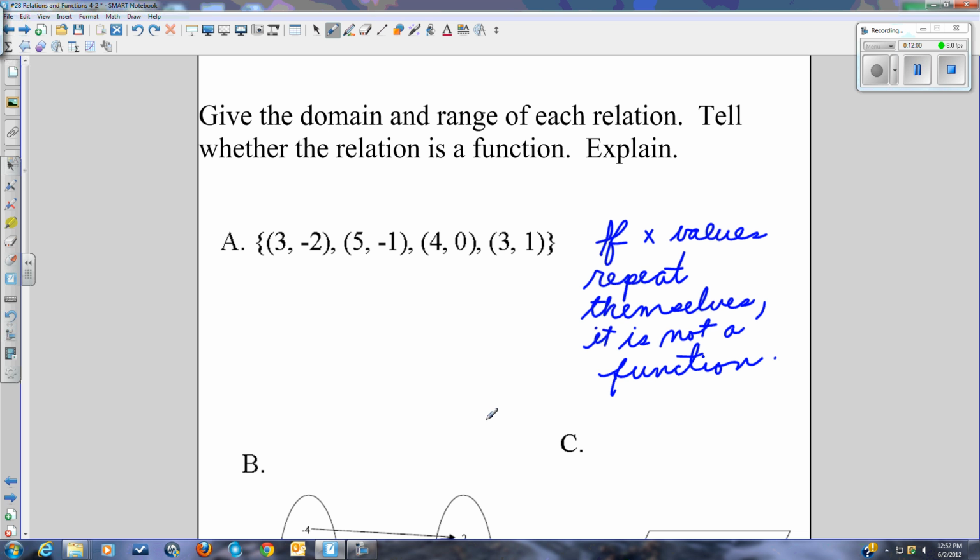So, for instance, in this case, the domain, that's the x values, is 3, 5, 4, and the 3 repeats itself. So you don't have to write it down twice, but it does repeat.